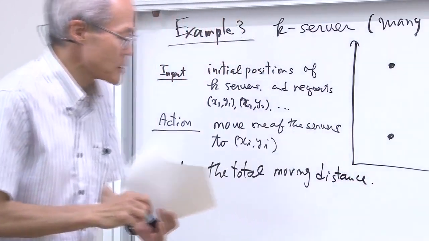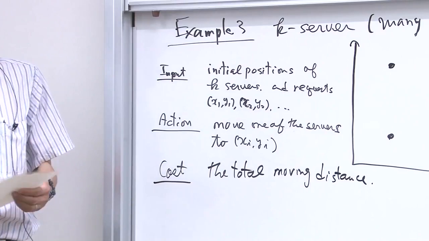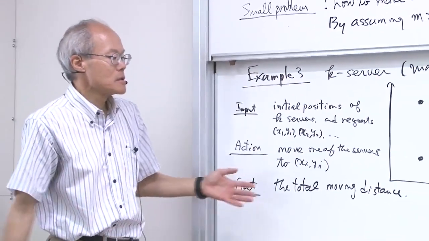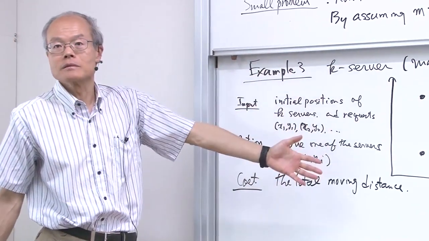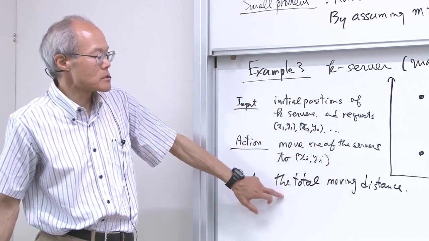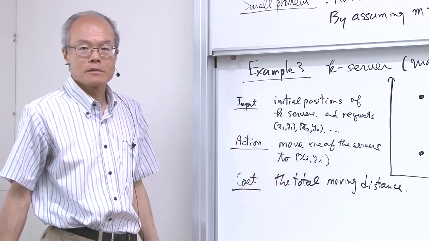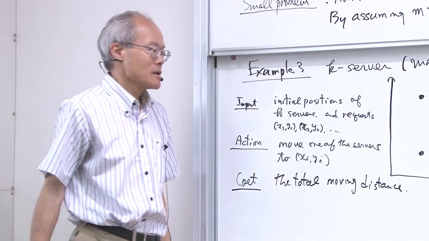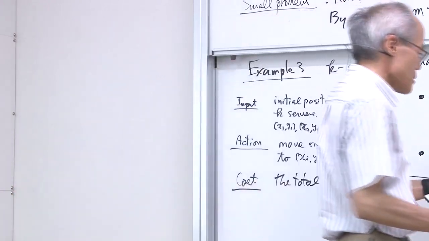Your cost is the total distance to move the servers. Your goal is to minimize this cost, of course. This is a formal description of the problem.